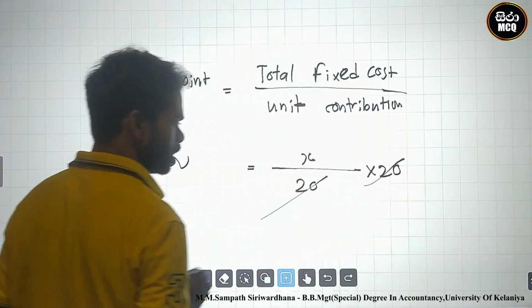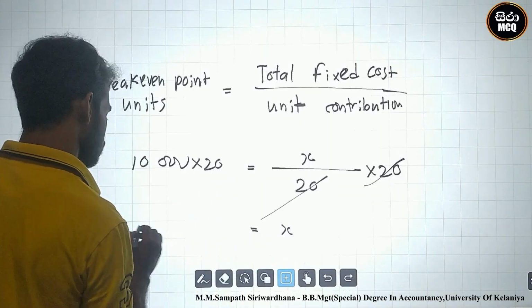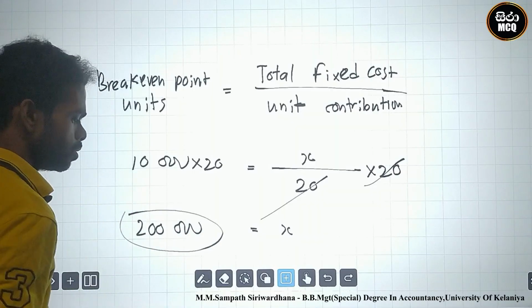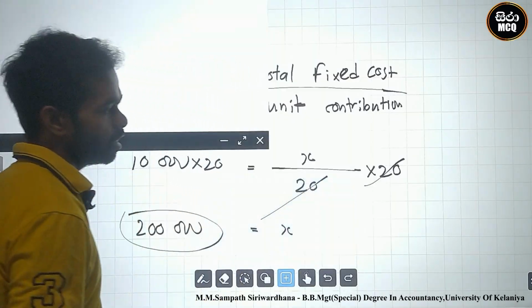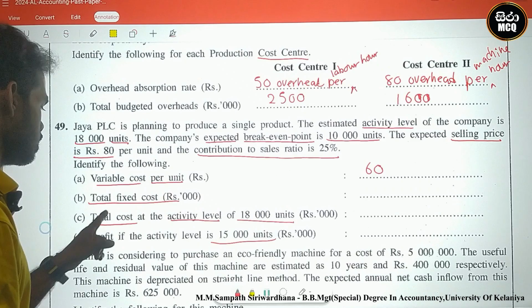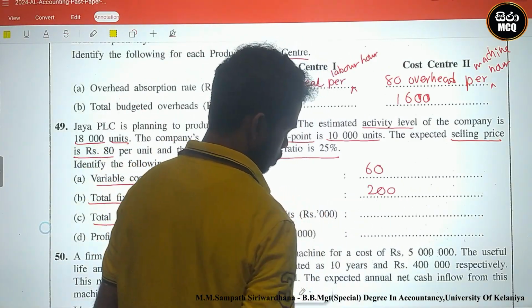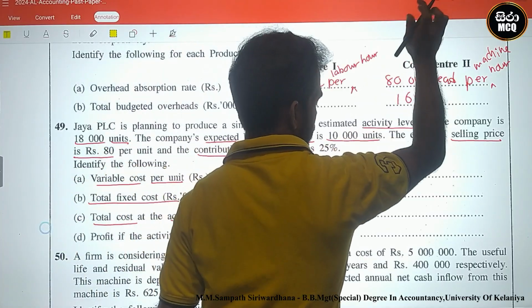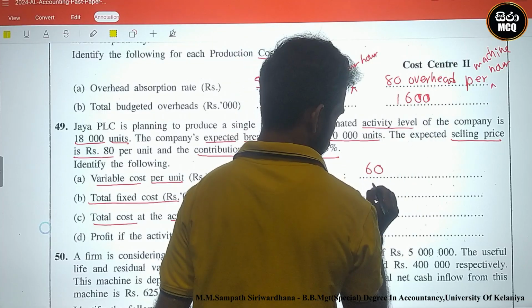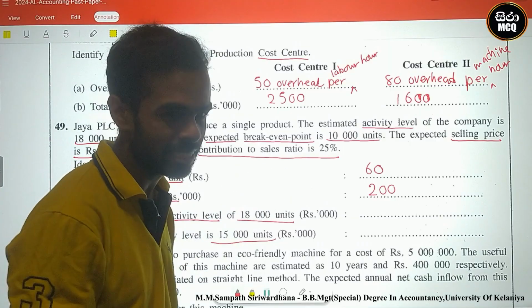Multiplied by 20, we get 20 x equal to 200,000. This is the fixed cost. The question asks in thousands, therefore I write 200.